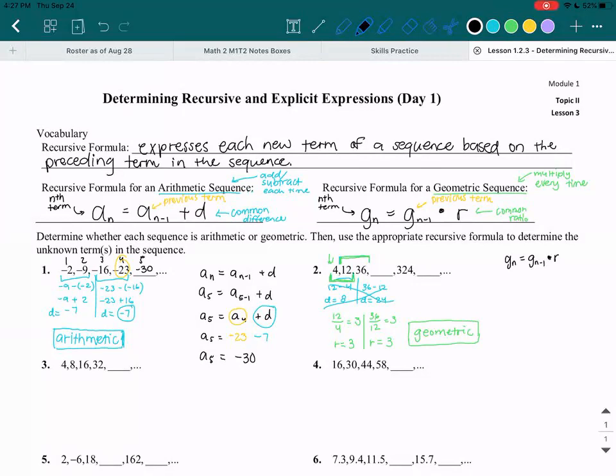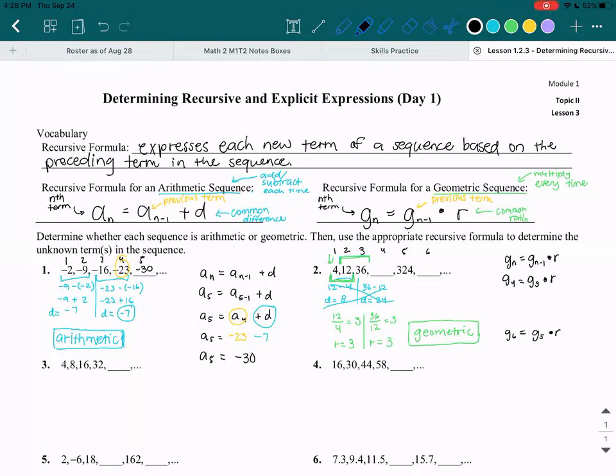Okay, and then let's plug it in to solve for our 4th term and 6th term. So we have a 4th term, so g sub 4 is equal to g sub 3 times r. And then later on we'll have g sub 6 is equal to g sub 5 times r.